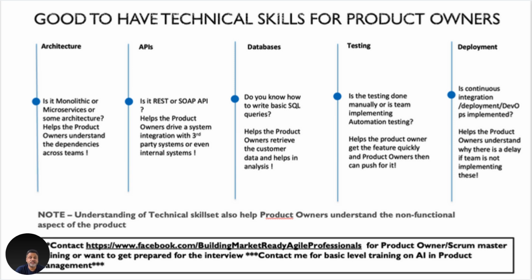That is number one. Number two is, if you are into product building, it's absolutely necessary to know what APIs we are using. API stands for Application Programming Interface. It's one of the highly used terminologies that you will see in today's product building process.